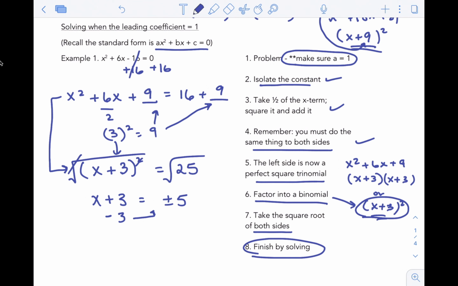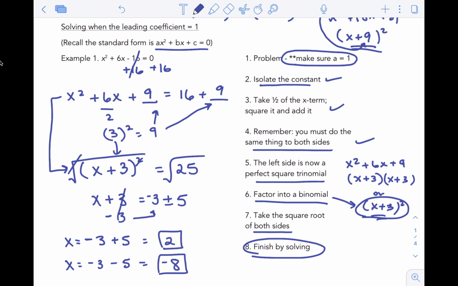Recall from before Christmas break that you put that in front. So what are our answers? Negative 3 plus 5 is 2. And negative 3 minus 5 is negative 8.